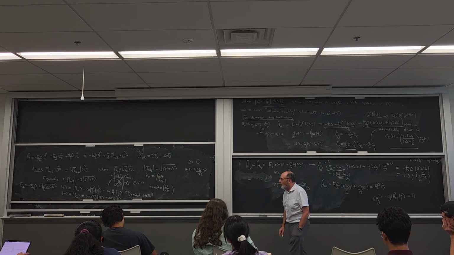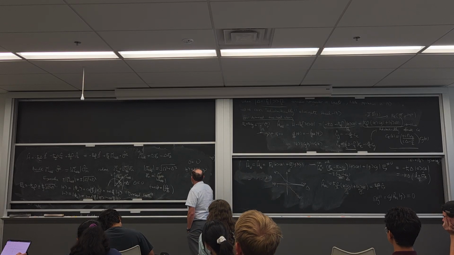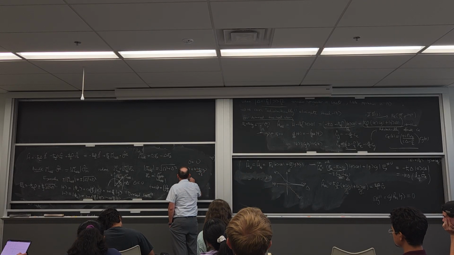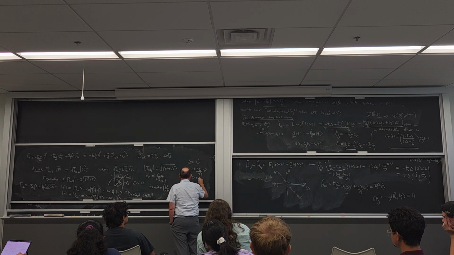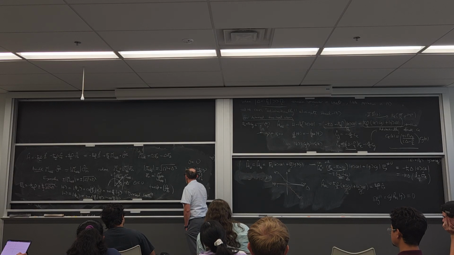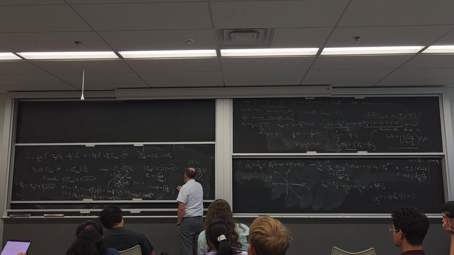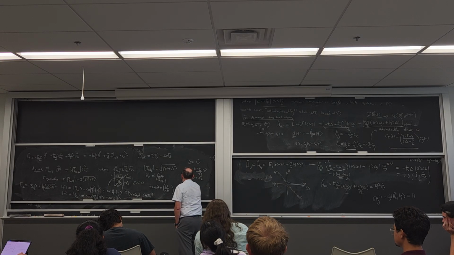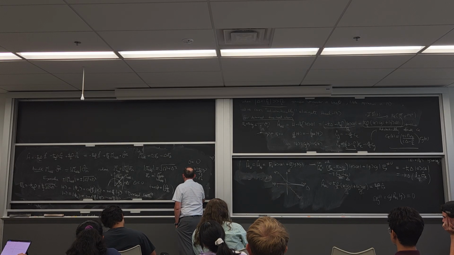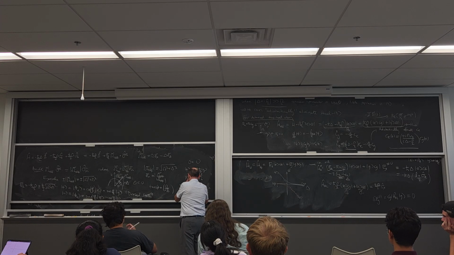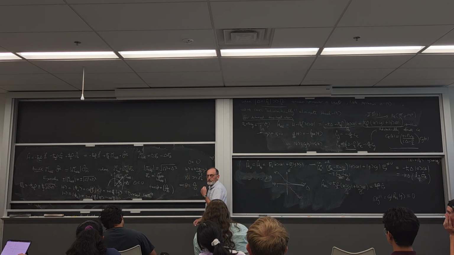But when I'm far off resonance, when delta is much, much bigger in magnitude than omega, then tan theta is approximately theta, which means theta is approximately omega over delta.